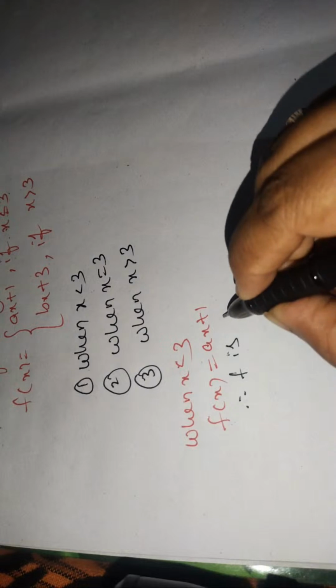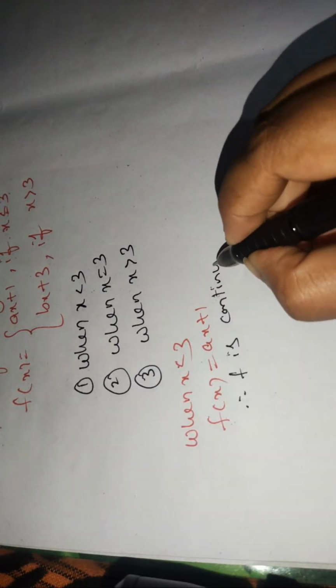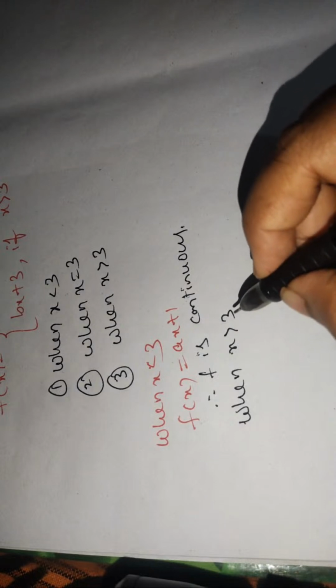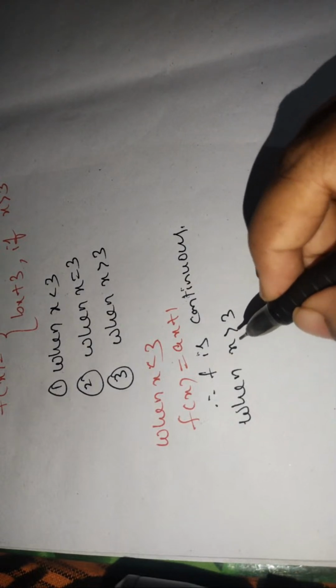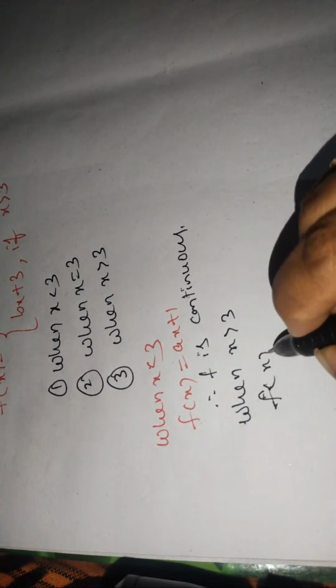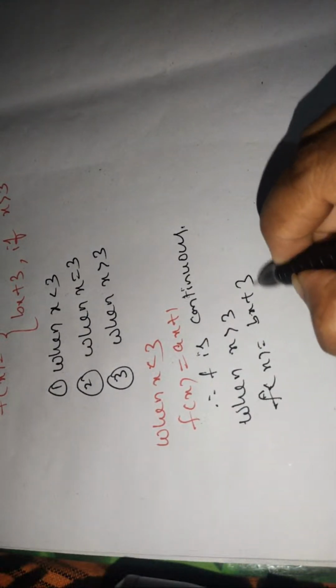Ax plus 1 is a polynomial function. F is continuous. And next, when x is greater than 3, f of x is equal to bx plus 3, which is also a polynomial.